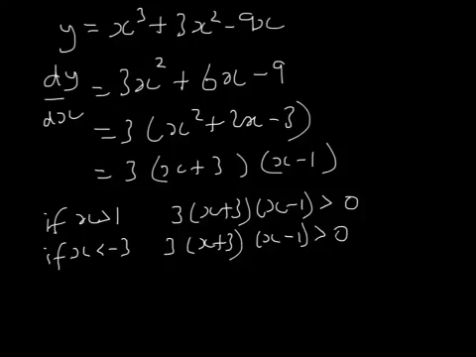That's because if we put a number smaller than minus 3, like minus 4, in there, that's going to be negative, that's going to be negative, two negatives multiplied together to make it positive. But if x is between minus 3 and 1, then one of these is going to be negative and one is going to be positive.